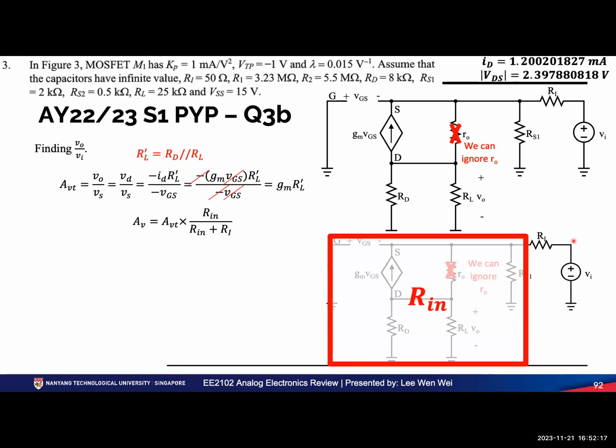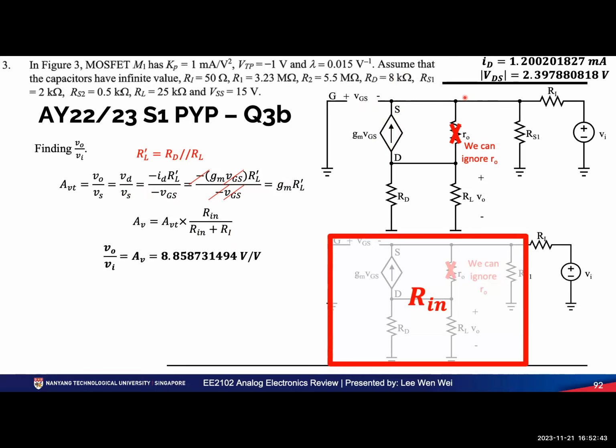Let me just jump this one down. If VS there, the VGS part got a resistor there. If this part got a resistor there, then it means we have to count RS1 and RI.